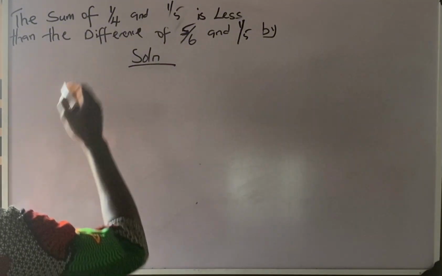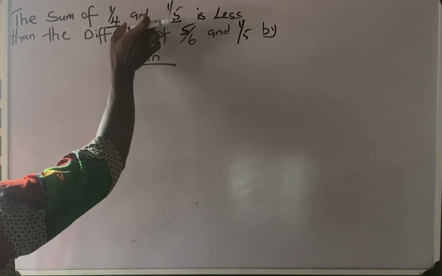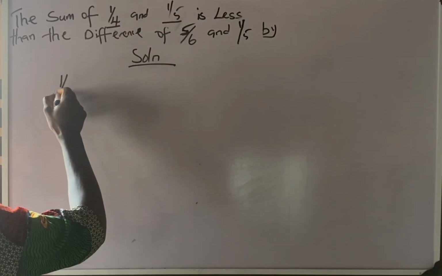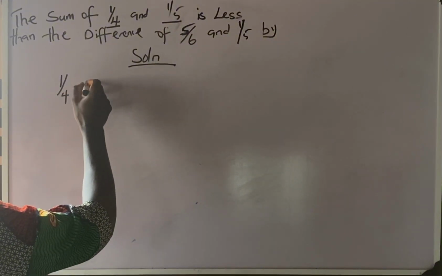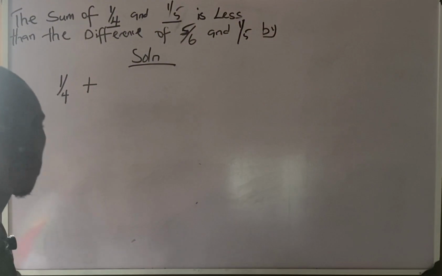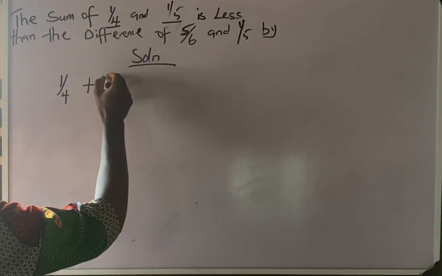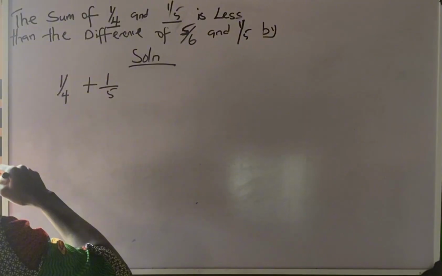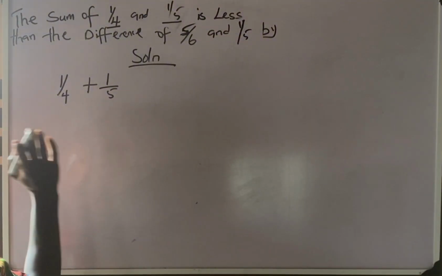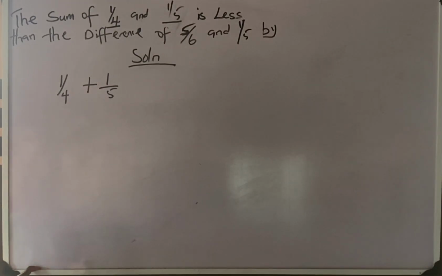So the first thing we're going to do is get the sum of these two fractions, which is 1 over 4 plus 1 over 5. When we hear the word sum, what it reflects is addition. The very first step is to get the LCM of these two numbers.